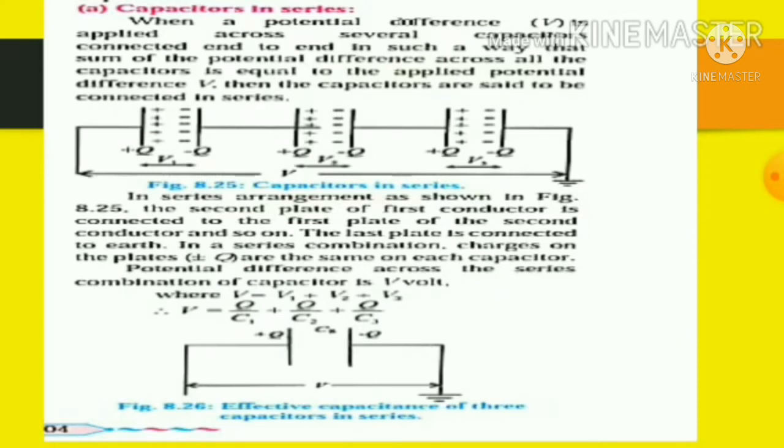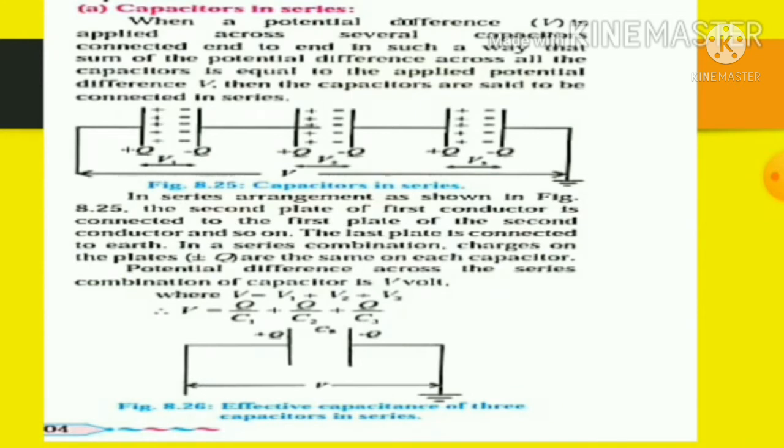Then the total potential across the series combination of three capacitors is capital V, the potential supplied by the source of potential to the series arrangement.